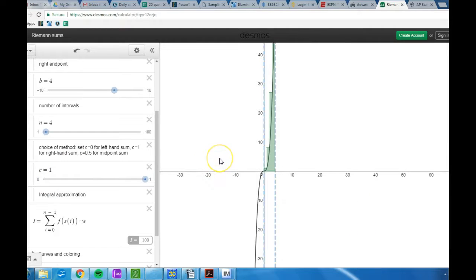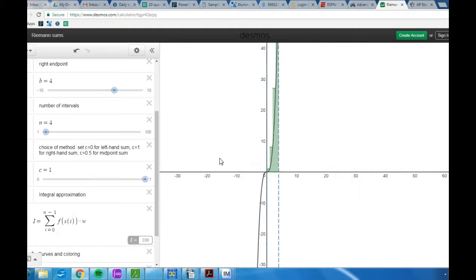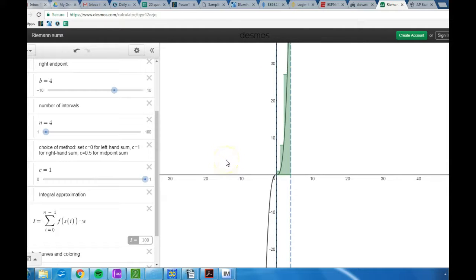So there's the right-hand sum. It's hard to tell exactly, but it gives you some idea, hopefully. The left-hand sum would be 36. Just adding up, basically, right hand would be 100.